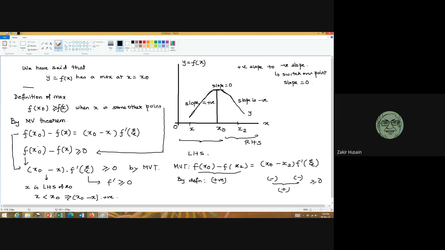Now, where it's positive to the left of x0, where is it negative? To the right of x0. So the switch must occur at x equal to x0. And at this point, the slope has to be equal to 0. Otherwise, the continuity property will not be satisfied.